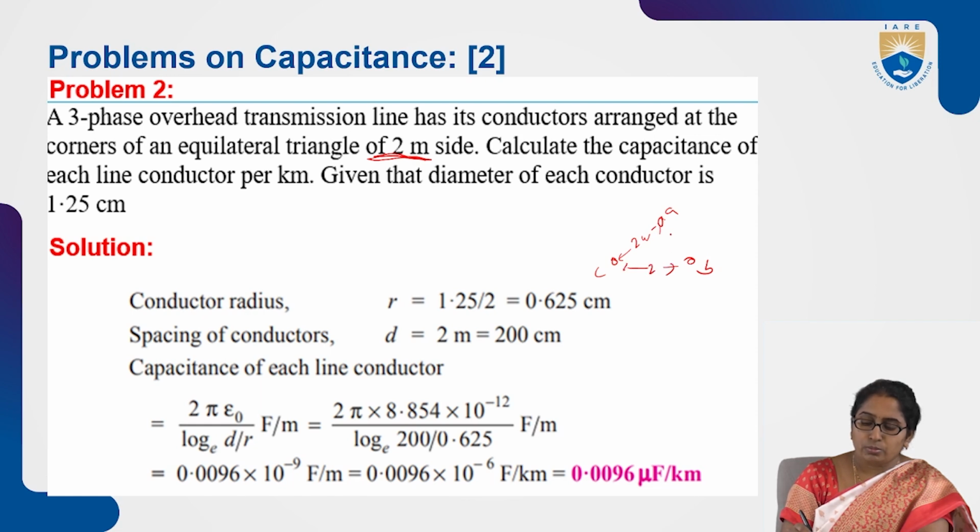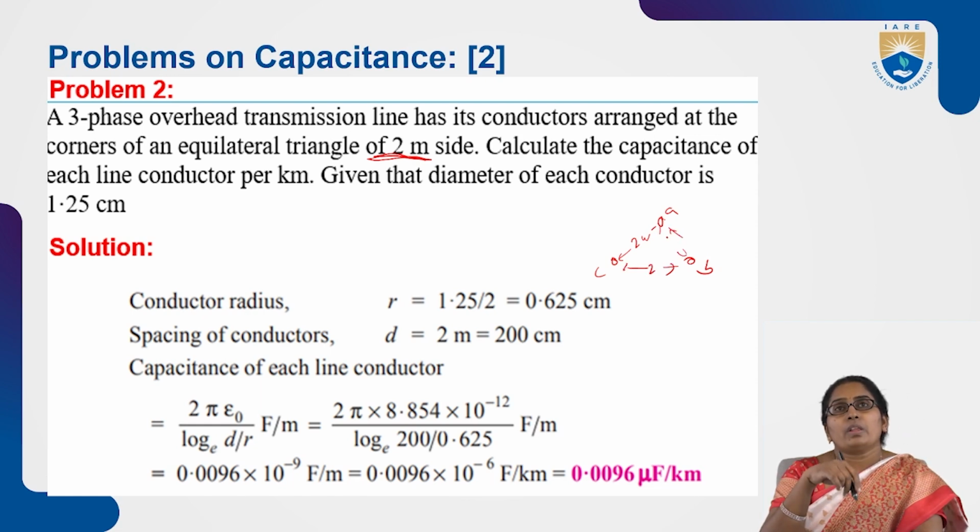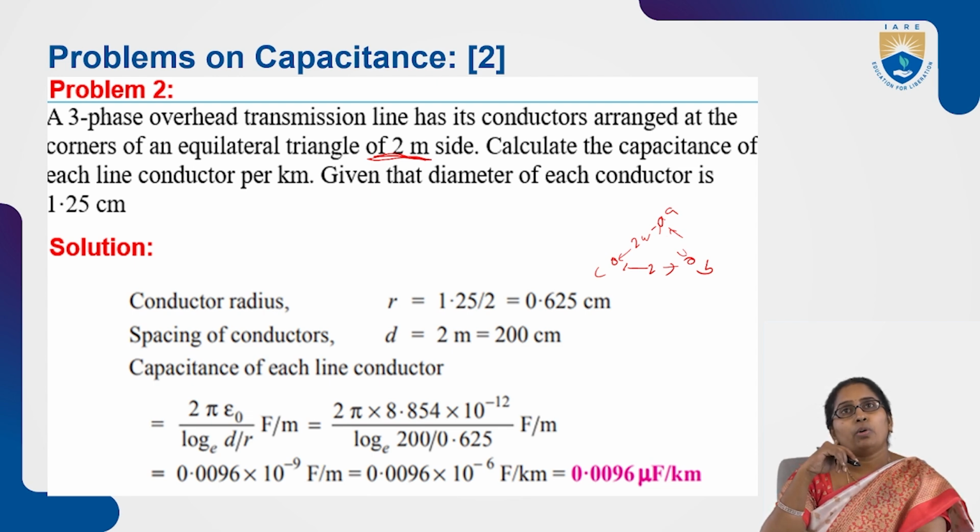The diameter is given in centimeters, so the radius is 1.25 by 2, which is 0.625 centimeter, and the distance is 200 centimeters.